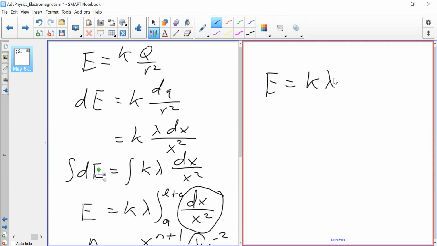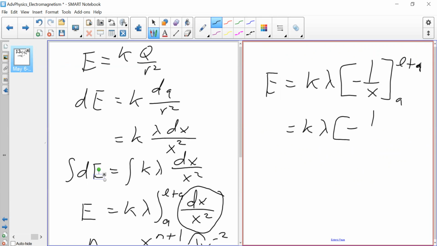It's k lambda, and our solution is negative 1 over x, from L plus a. So now what we've got to do is substitute the final piece minus the initial piece, which we did way back in displacements and stuff. So we go negative 1 over L plus a, minus 1 over a.